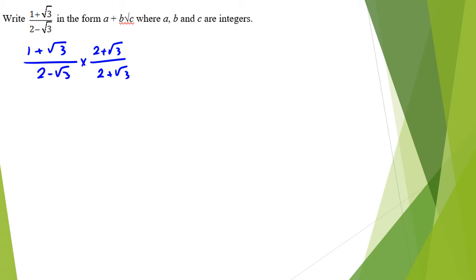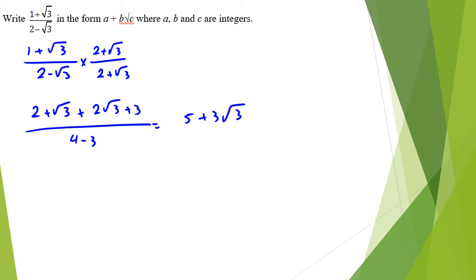Then after multiplication you'll end up with 2 plus square root of 3 plus 2 square root of 3 plus 3 over 4 minus 3, end up with 5 plus 3 square root of 3 after simplifying.